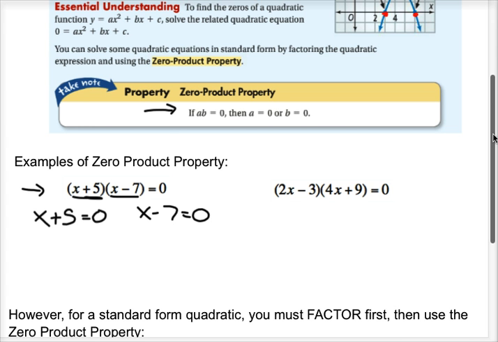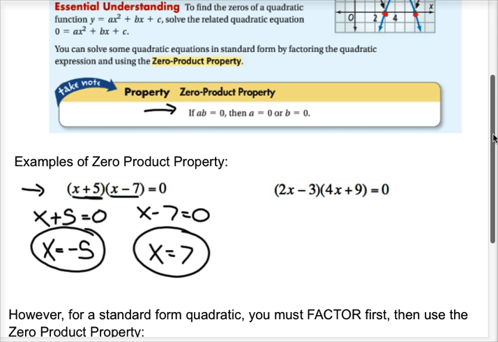At least one of those pieces must be 0 in order for the whole thing to be 0. So what does that mean? Well, that means x equals -5 and x equals 7. Those are going to be my two solutions. So again, graphically, if we were to graph it, those 2 points would be where it crosses the x-axis. Notice crossing at 2 points. Crossing the x-axis twice represents two solutions.